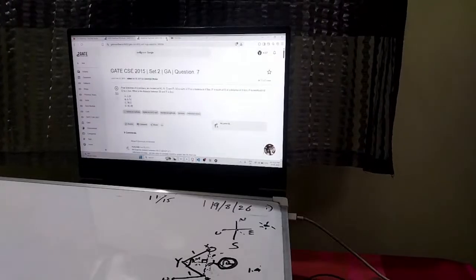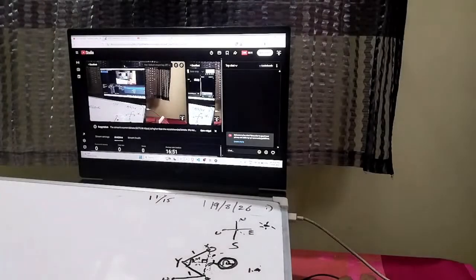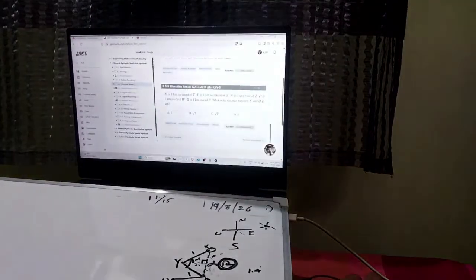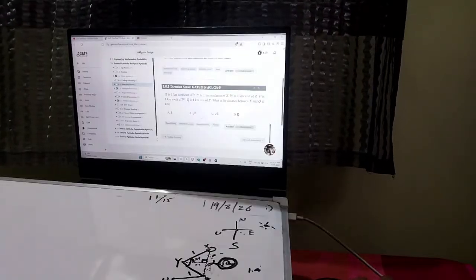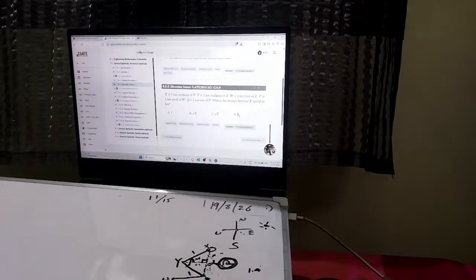No, wait, no need to do all this stuff. So 1 by root 2, it is not, the heck bro, it will be equal to 2.